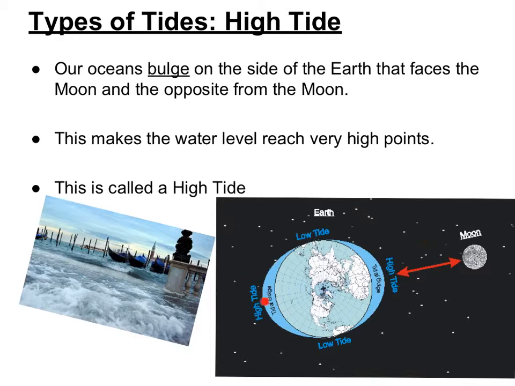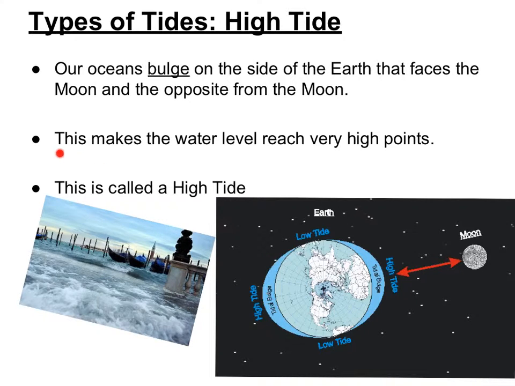So if you look at this picture in the bottom right-hand corner, you can see the moon here, and you have this tidal bulge on the side of our earth that faces the moon. But we also know that we're going to have a tidal bulge on the opposite side of the earth that does not face the moon. These are where you're going to get our high tides.